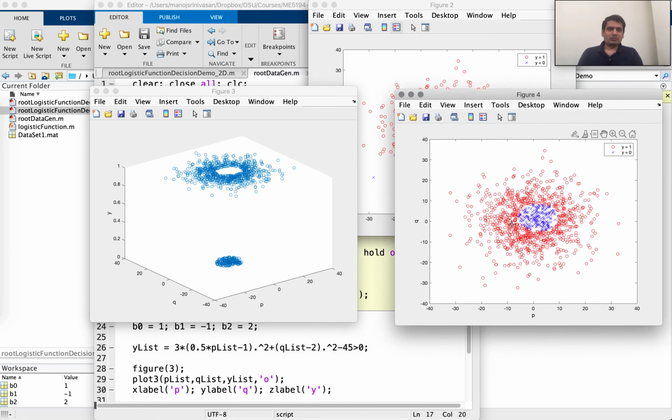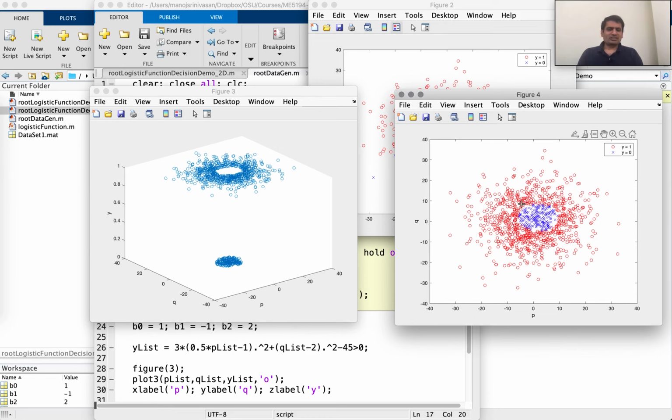If you plot it this way, you notice that the values of P and Q that give Y equals 0 sit inside an ellipse, maybe, and the values that result in Y equals 1 are these red dots.